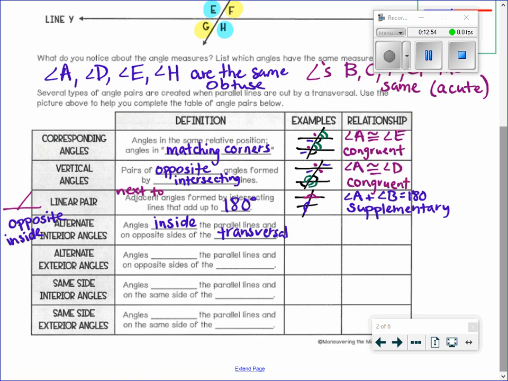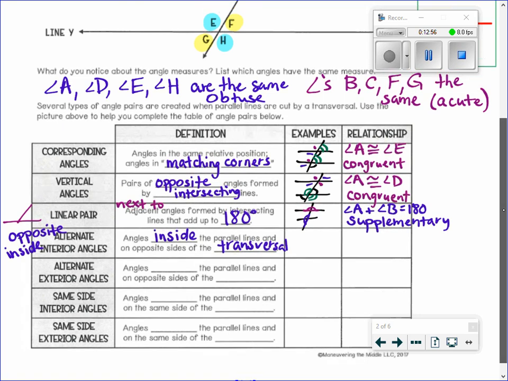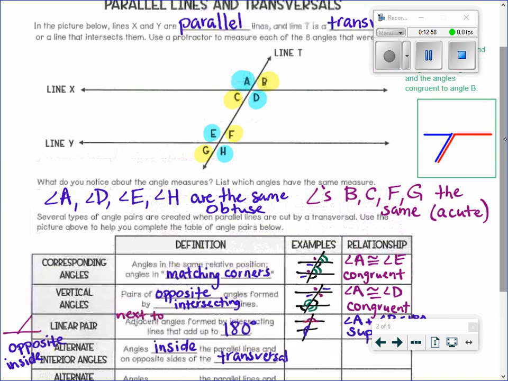For this, what's really going to help is if we look at this transversal, these parallel lines. What I want y'all to do whenever you see this is to connect the parallel lines so that it makes a box. Sometimes the box might look more like a parallelogram, but it's going to be a box. Inside the box is interior. So both of these sides are interior.